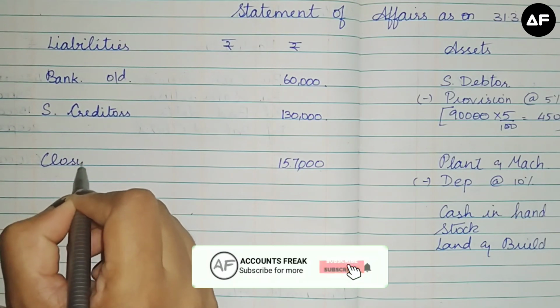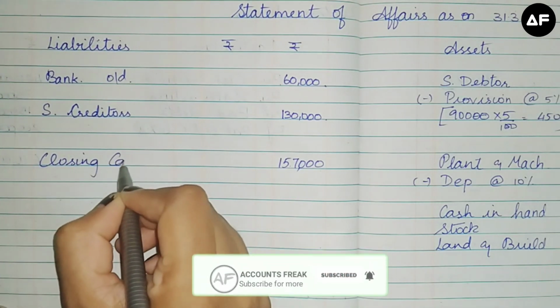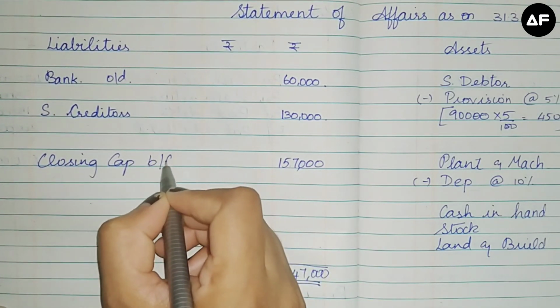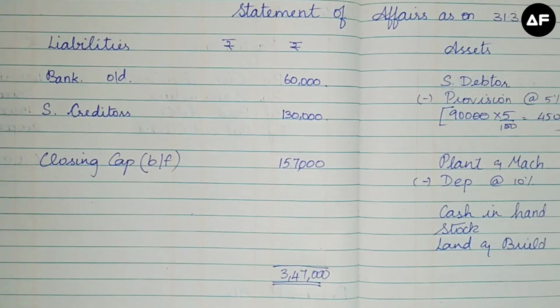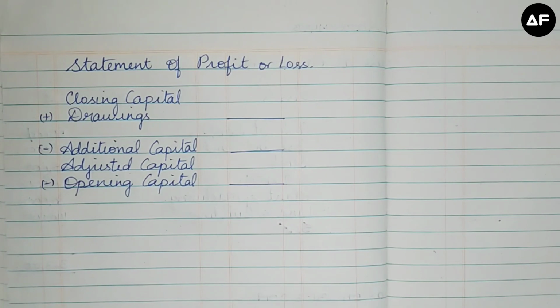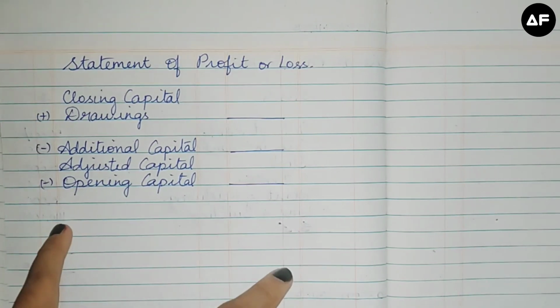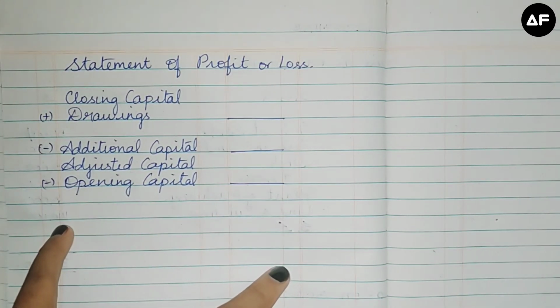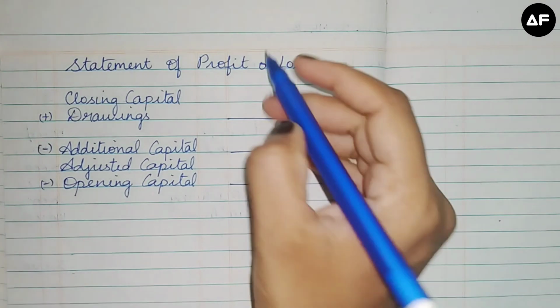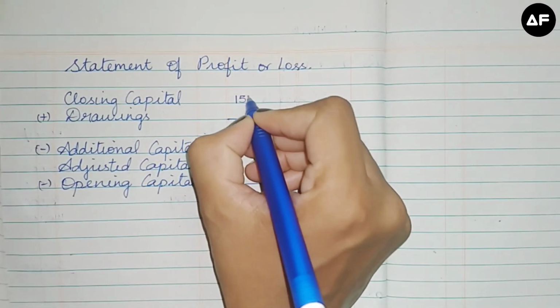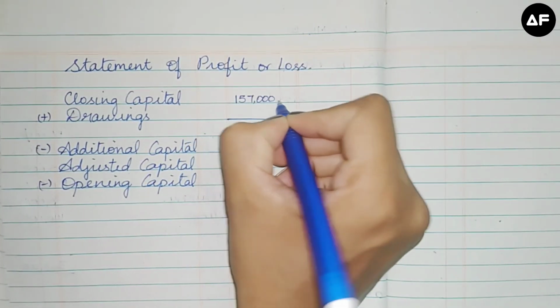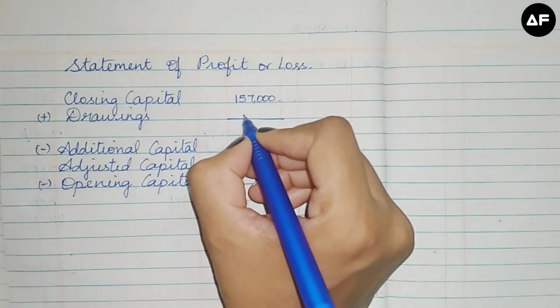This closing capital is what we are going to use next in the statement of profit or loss. So this is the statement of profit or loss format, and now we are going to start entering the figures into it. The closing capital which we found out was 1,57,000. Drawings as per the sum is given as 60,000.